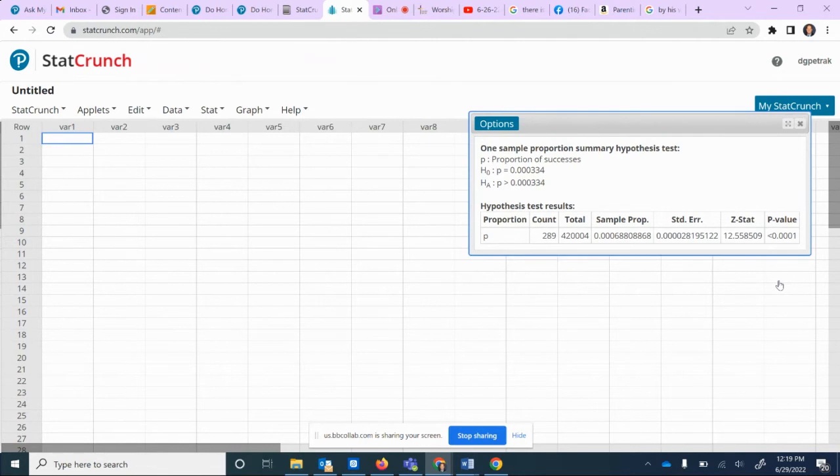If it is true that it's 0.0003, and I went out and found a sample of 420,000 humans that was 0.00068, that's weird, okay? The probability of that happening by random chance is super low, which tells me there's probably something going on here. Now, because all of these people are cell phone users, there could be lurking variables.